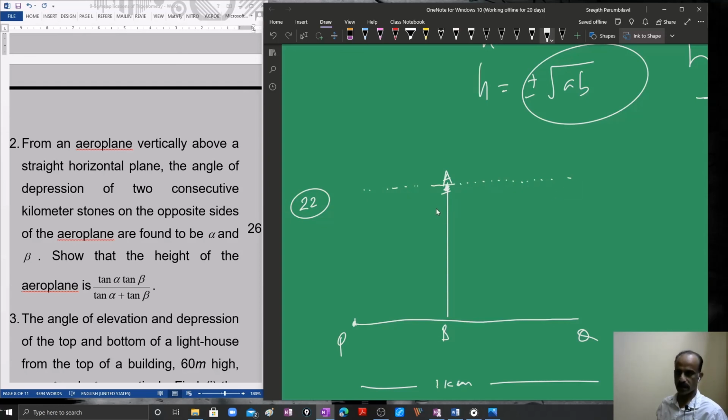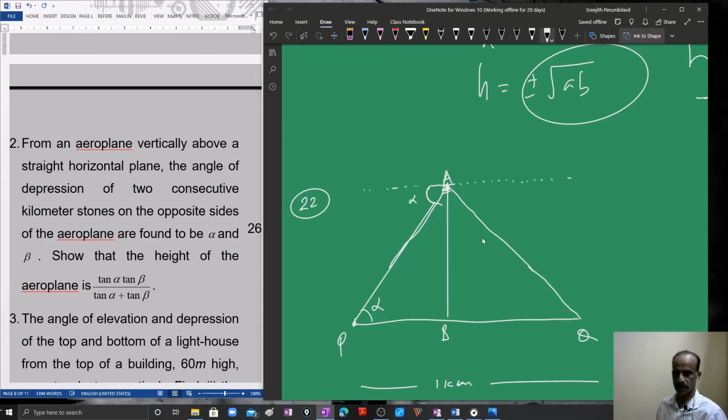There's a horizontal. The angle of depression of this is found to be alpha. This angle is alpha, that means this is alpha, and the other one is found to be beta.